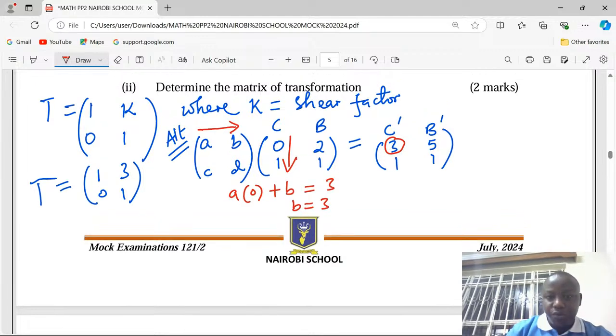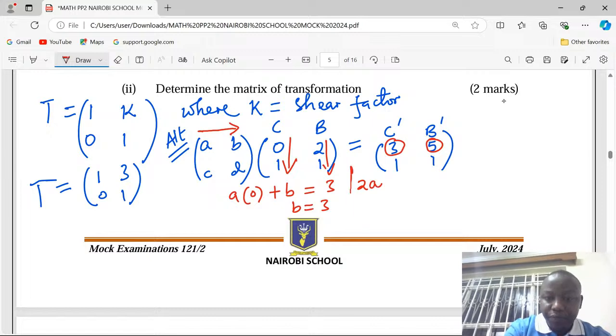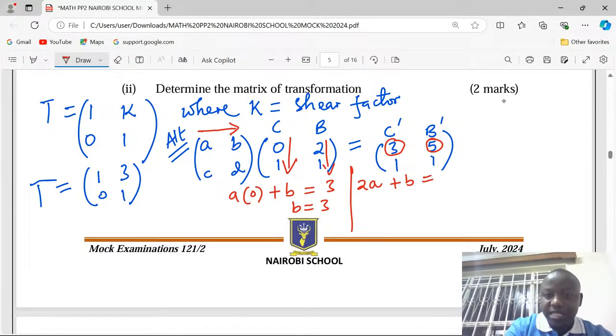Next, the same row multiplied by the next column is supposed to give us 5. So A by 2, that is 2A, plus B should give us 5.